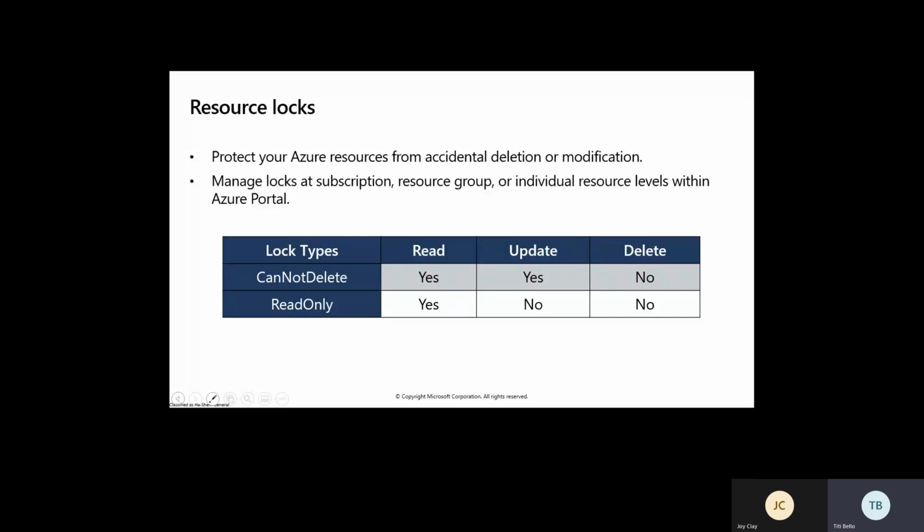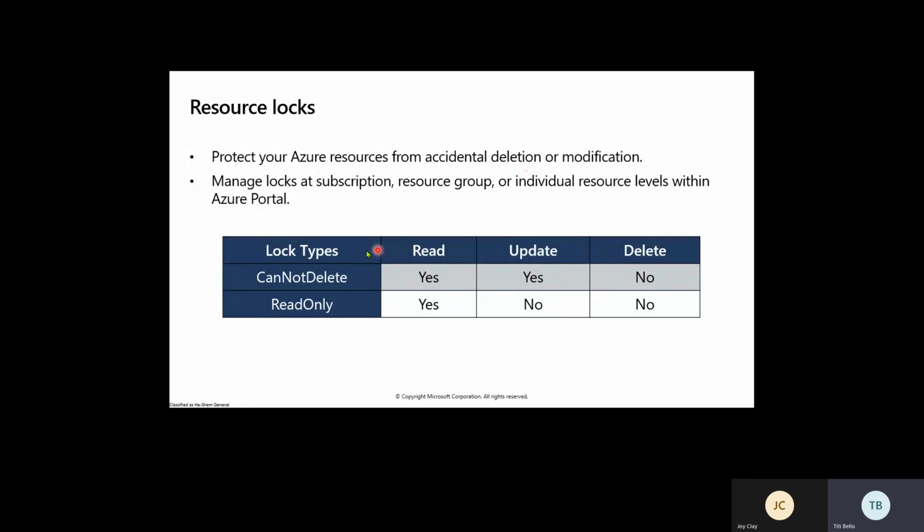There are some resources that, once you delete them, they are gone. You cannot recover them. So in such a case, you want to prevent such accidental deletion or even accidental modification of resources or services in your Azure cloud. So what a lock allows you to do is protect resources from accidental deletion or modification.